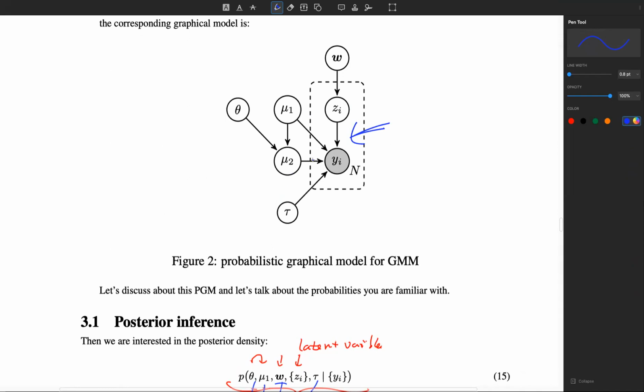If I don't do that, I have Z1 goes to Y1, Z2 goes to Y2, Z3 goes to Y3, and so on. I need to repeat this N times, which is totally unnecessary. That's why I have something like this, and this is called a plate.